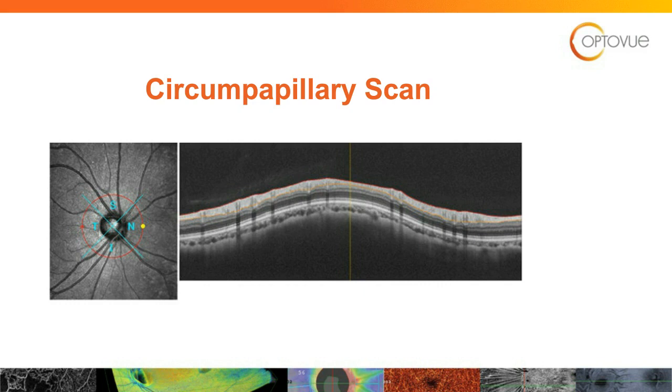So that circumpapillary scan within the OptiView platform can be found within the nerve fiber layer printout, or if you're in the program itself, the nerve fiber layer portion of that. That's something that I encourage you to go back and look at from time to time, particularly if you're not sure if you have a good quality of scan.